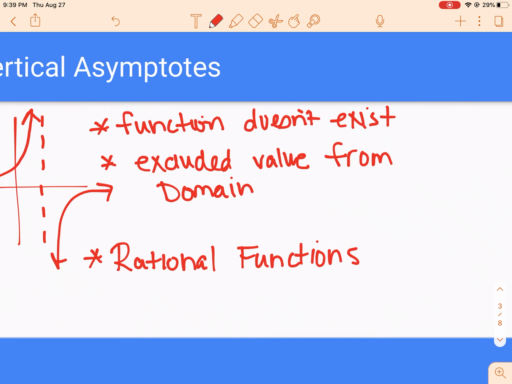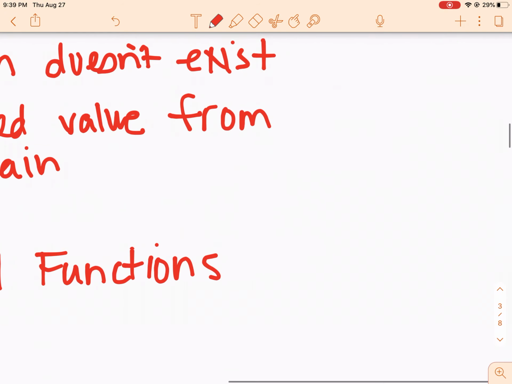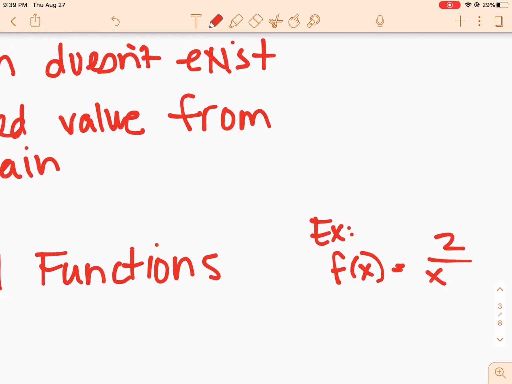So rational functions are functions that are written as a fraction. One example would be f of x equals 2 over x minus 4. That's an example of a rational function that would have an asymptote. Why does it have an asymptote?